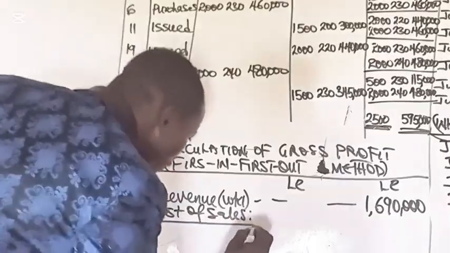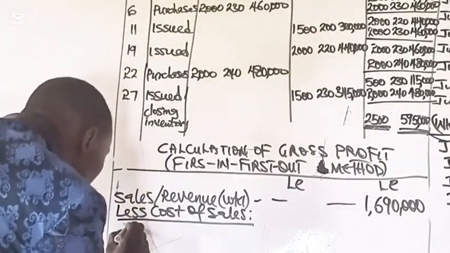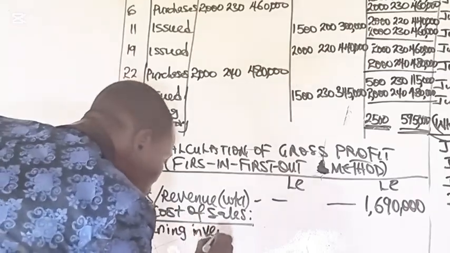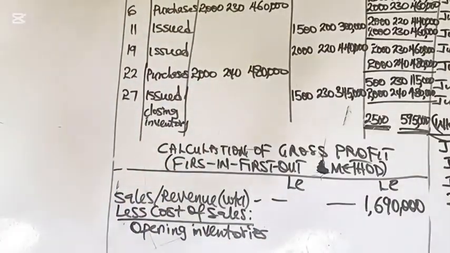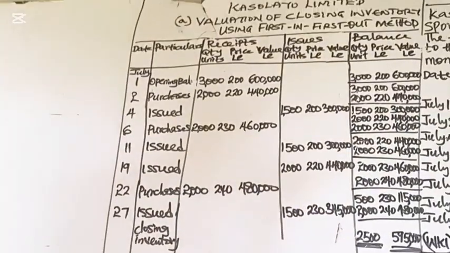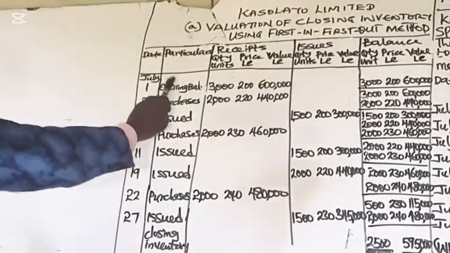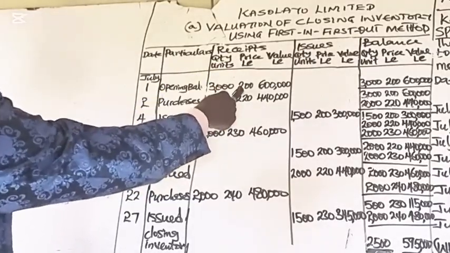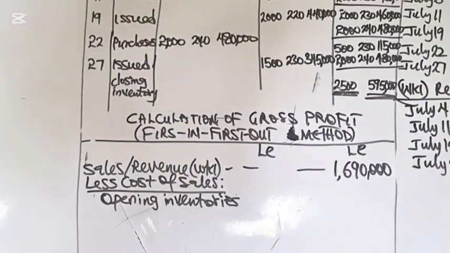Now, our cost of sales includes opening inventories, which has been recorded in the store ledger. The opening balance is 3,000 units at 200 Leone, and the value is 600,000.